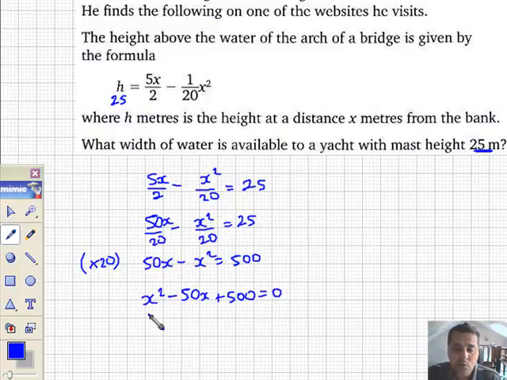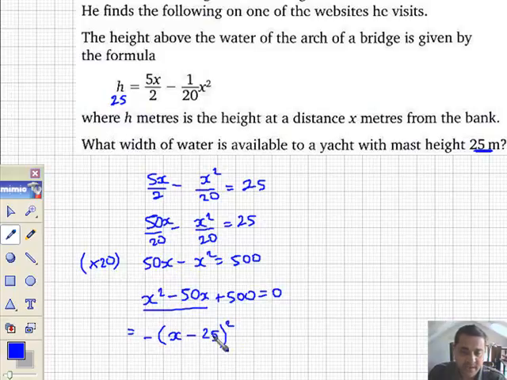I can use the formula or I can complete the square. I know this doesn't factorise, I've tried it. Now, I know we're looking at quadratics somewhere way ahead in Unit 3 now, but I'm going to teach you this completing the square right now in order to solve it. Now look, if I break this part open, I go x minus 25 all squared. Now if you were to multiply this out, you'd get x squared minus 25x minus another 25x plus 25 times 25, 625.